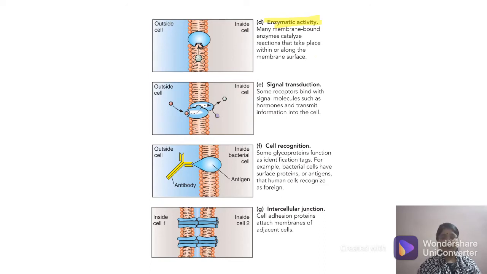So this is the role of the enzyme, and they also play a role in signal transduction. What is signal transduction? Hormones are one of the best examples I can give you here. Suppose there is a signal coming from outside, suppose this is a hormone. In this case the hormone is acting as a signal. It is binding to these receptor molecules.